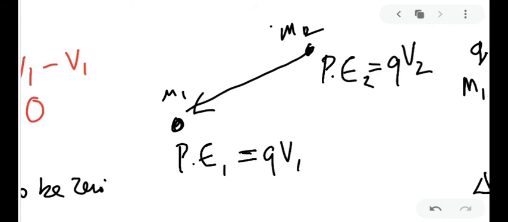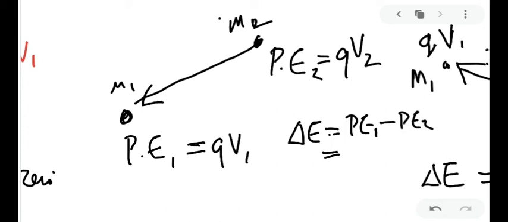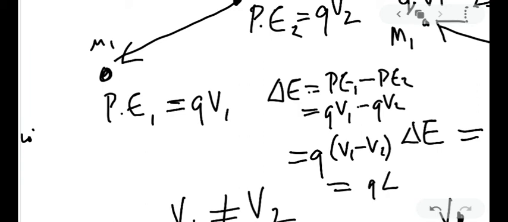If it is a static system, the energy required is basically the difference between the potential energies. I would like to write it as PE1 minus PE2, which is QV1 minus QV2. Bringing out the common charge, Q times (V1 minus V2), and V1 minus V2 stands for delta V, the potential difference between 2 points. So that's the case.